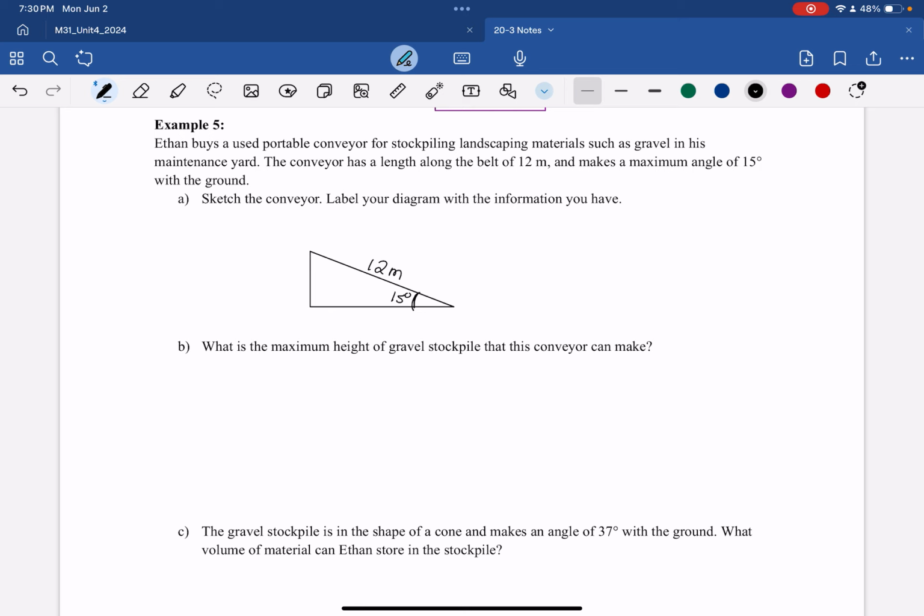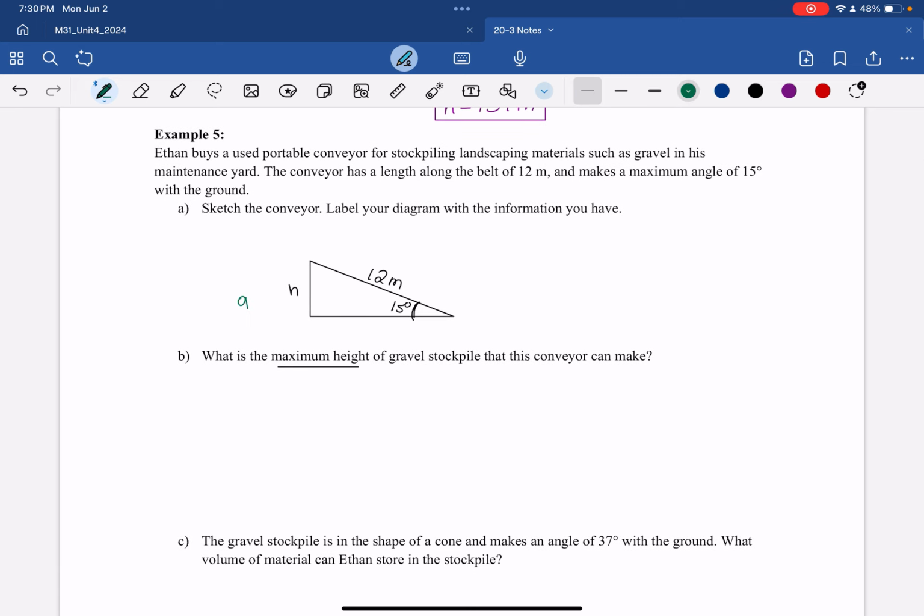That means that's as high as it can go. So part B is asking for the maximum height, so we're looking for this height here. That is going to be my opposite to the angle that's given, and this is going to be my hypotenuse, the 12. And this is going to be 90 degrees.